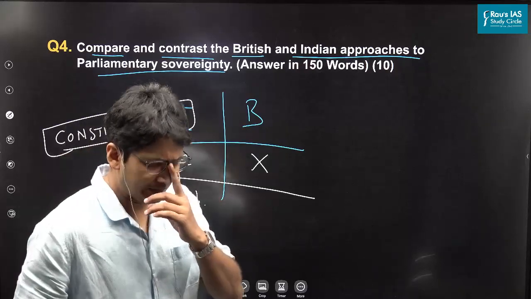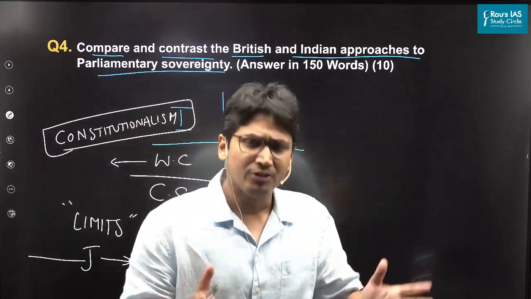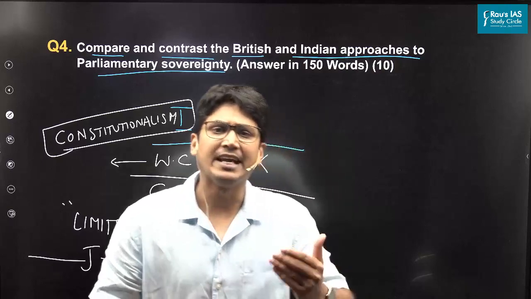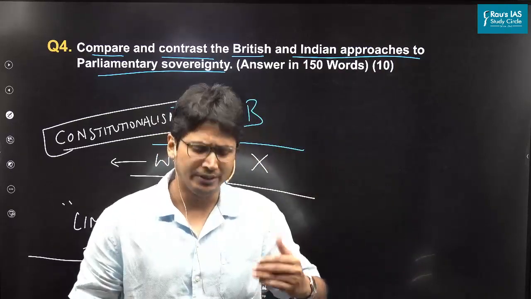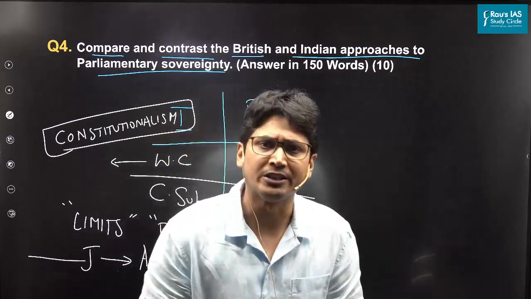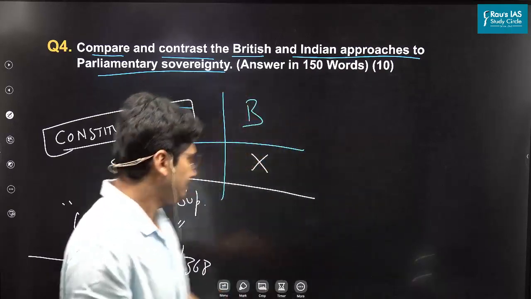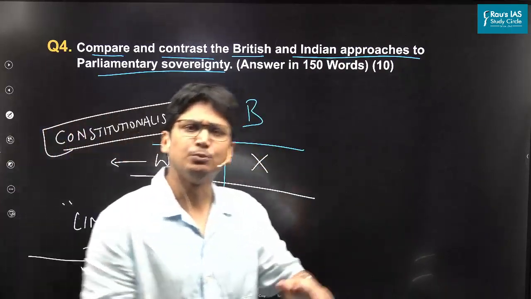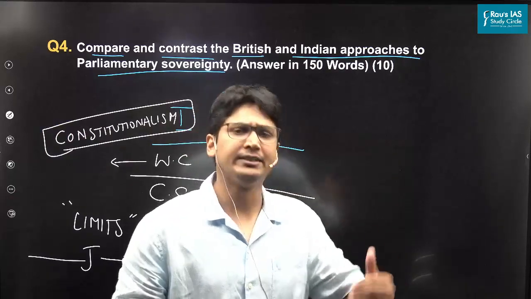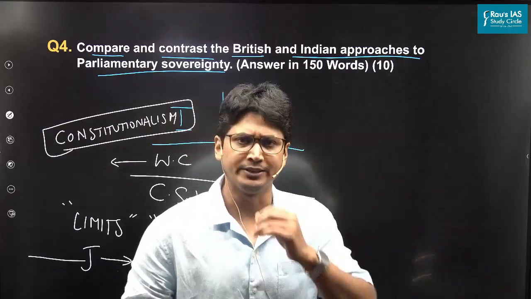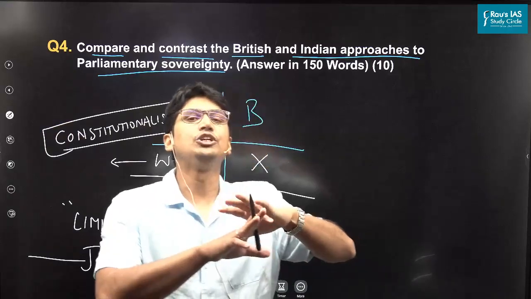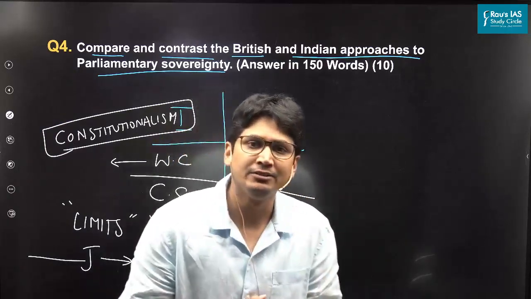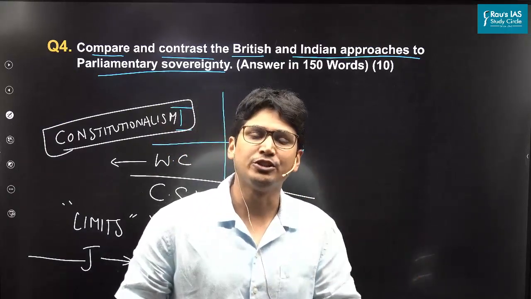Because under Article 13, it is the power of the judiciary to check whether any legislation passed by the parliament violates any of the fundamental rights or not. Accordingly, writ petitions can be filed in the Supreme Court under Article 32 and in the respective high courts under Article 226. So there is judicial independence as well with respect to judicial review.